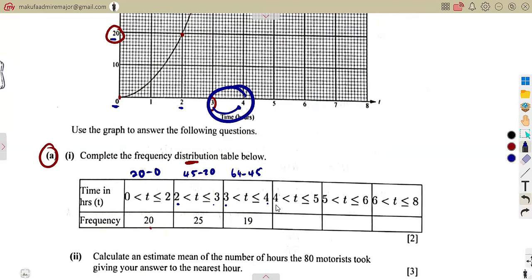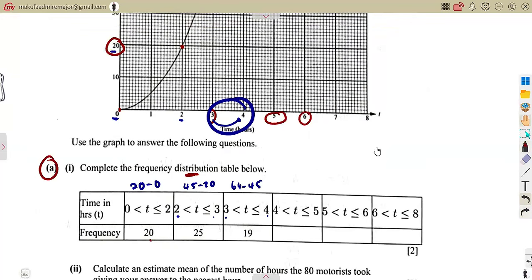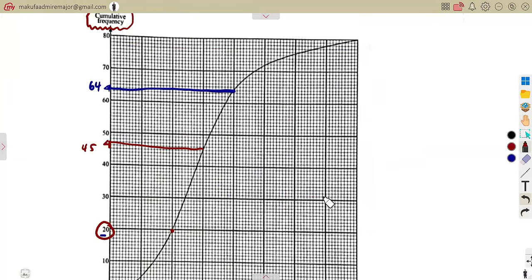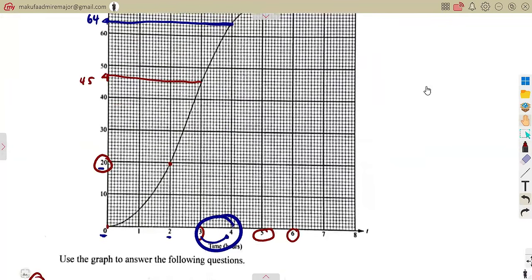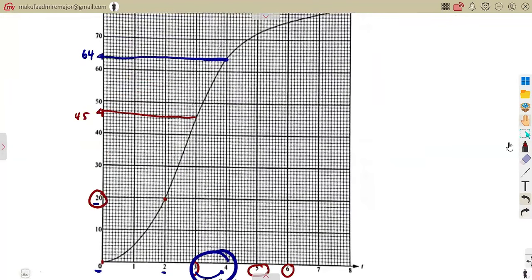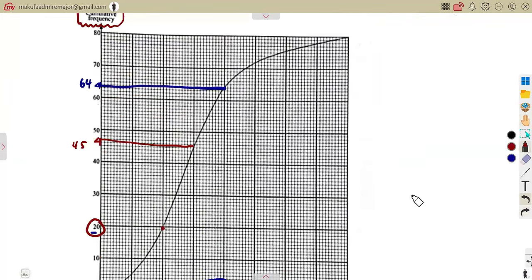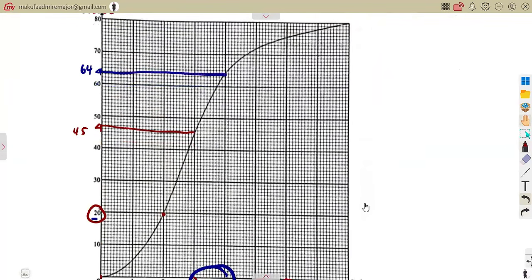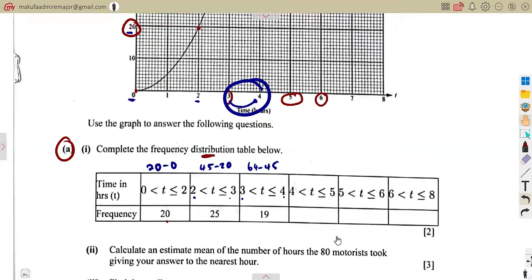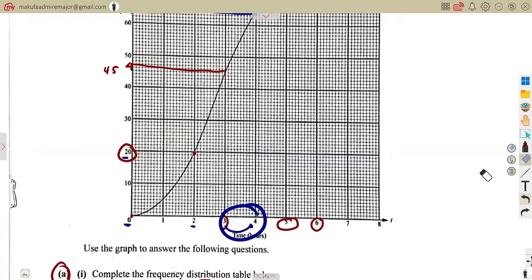So from 4 to 5, you can do the same thing because you're asked to copy and complete this. So from 4 to 5, you're focusing on these 2 points, 4 and 5. They need us from 4 to 5, not this one, not this 6, this is 6.